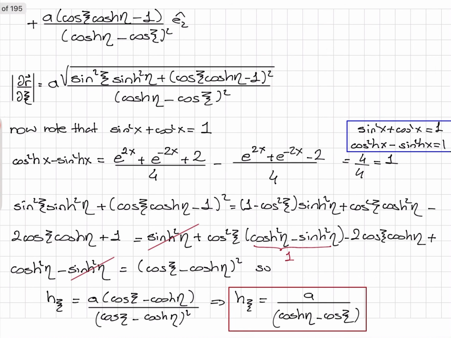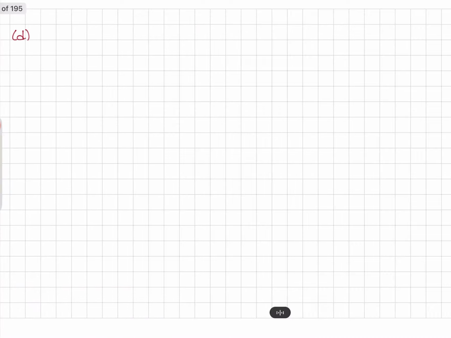Okay, so first of all, how can I write the position vector in this new coordinate system?